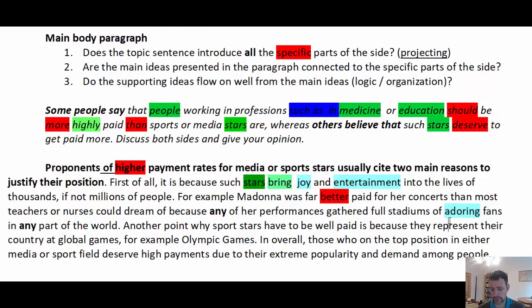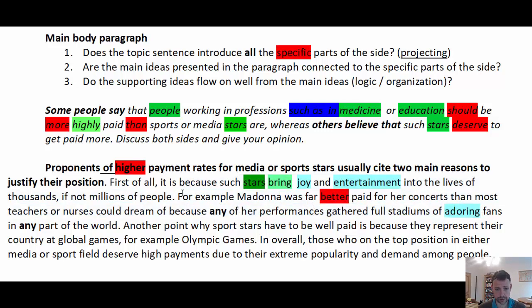That idea of adoring fans, it's connected to the idea of joy and, yep. So there's a lot of joy and a lot of entertainment there. So now we have something that's connected to the specific part there. For example, Madonna, and the main idea is supported quite well.